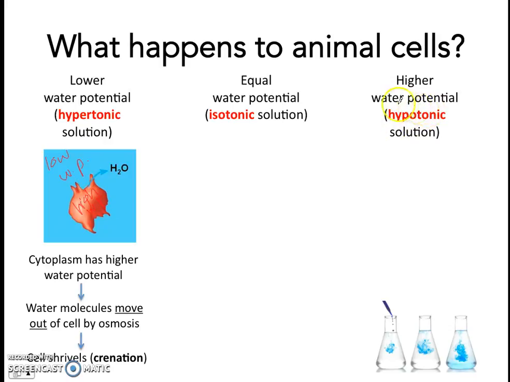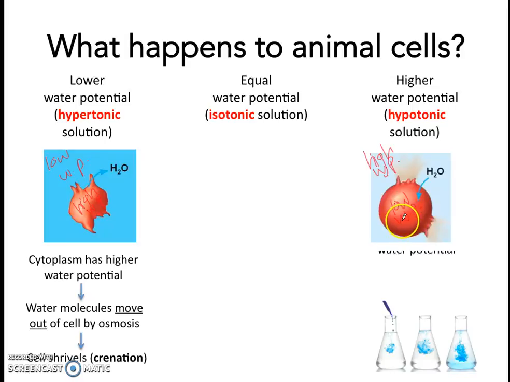Now, on the other hand, if you place an animal cell into a solution that is hypotonic, meaning that now the water potential in the solution is higher compared to a lower water potential of the cytoplasm, then in which direction will water move?